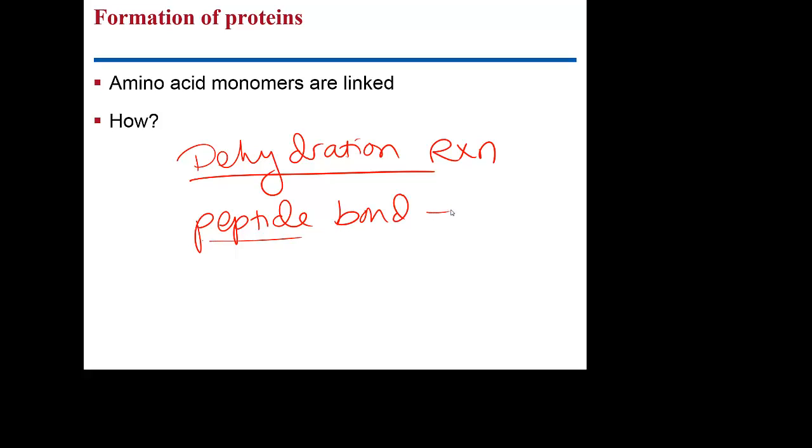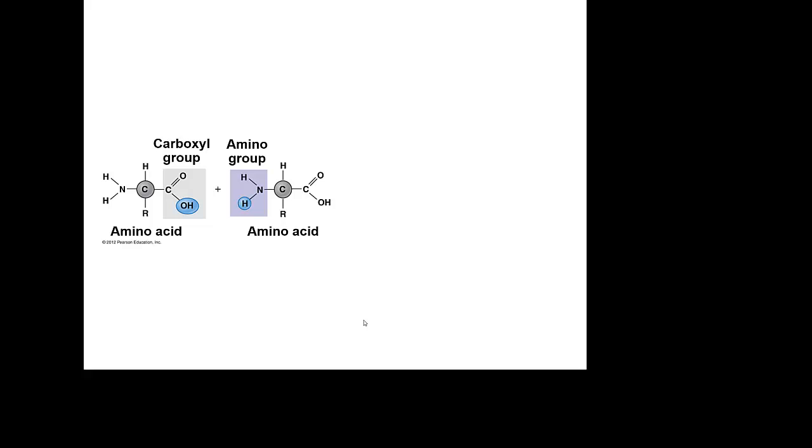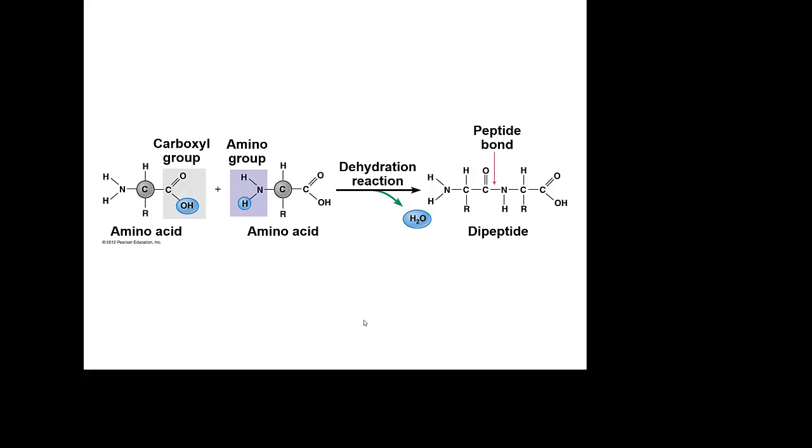The peptide bond is how we get the term polypeptide. So it's many peptide bonds that hold this protein together. So we take two amino acids, we join them together through a dehydration reaction. In this case, now we have a dipeptide, or two peptides put together.